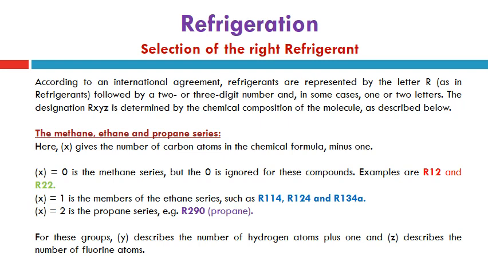If X equals 2, it is the propane series, which contains 3 atoms of carbon minus 1, so X will be 2, for the 200 series such as R290, which is named propane. For these groups, Y describes the number of hydrogen atoms plus 1 and Z describes the number of fluorine atoms, without plus or minus.